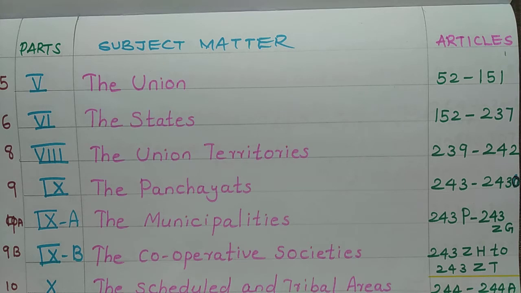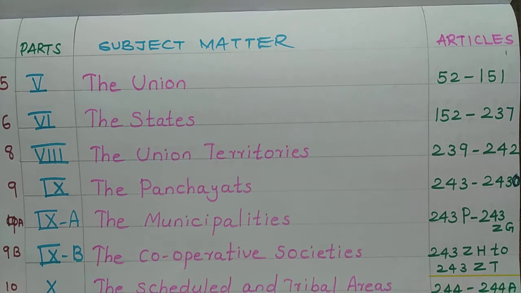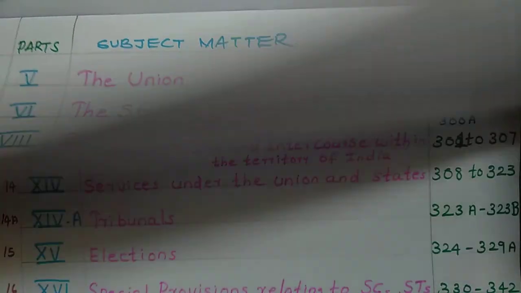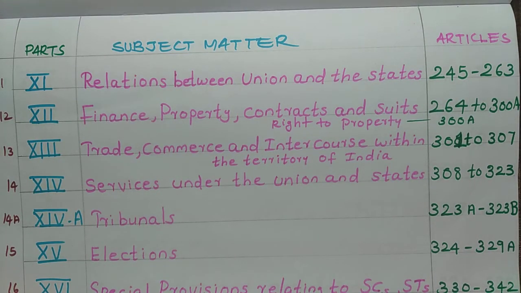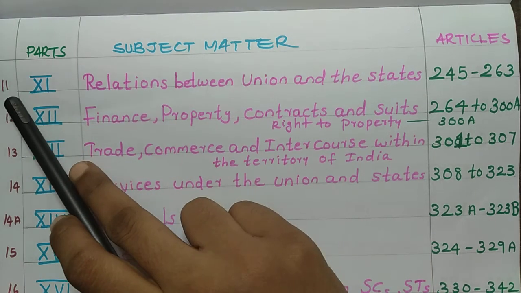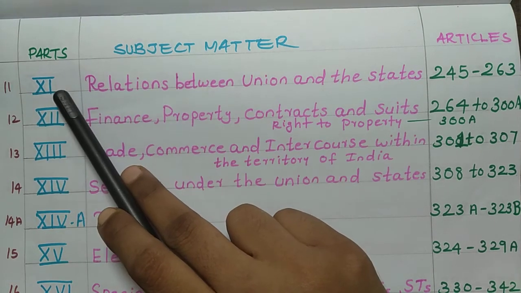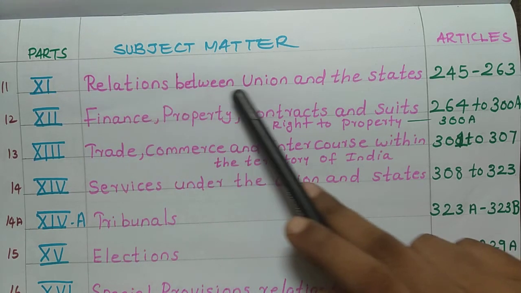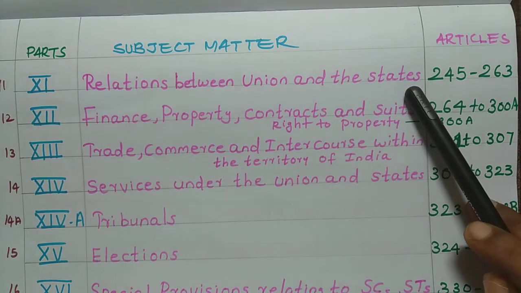And Part 10, it includes the scheduled and tribal areas, and the articles are 244 to 244A. And Part 11, that is relations between the Union and the states.